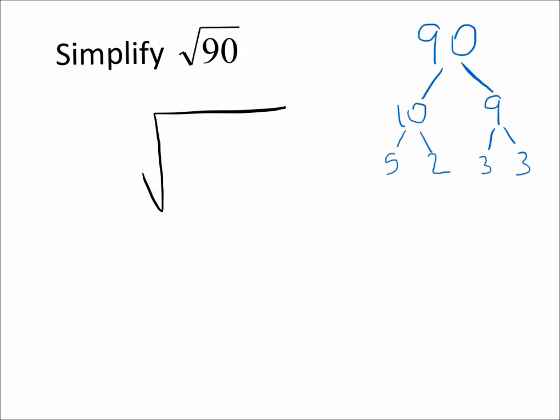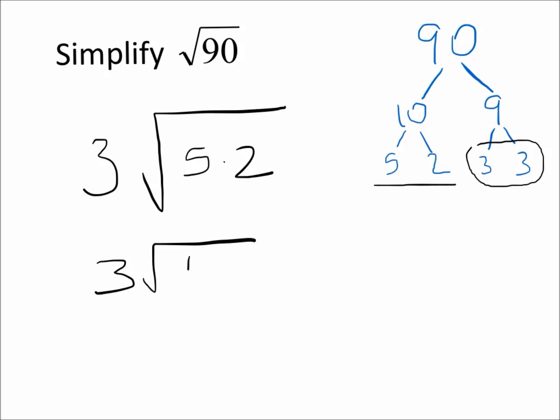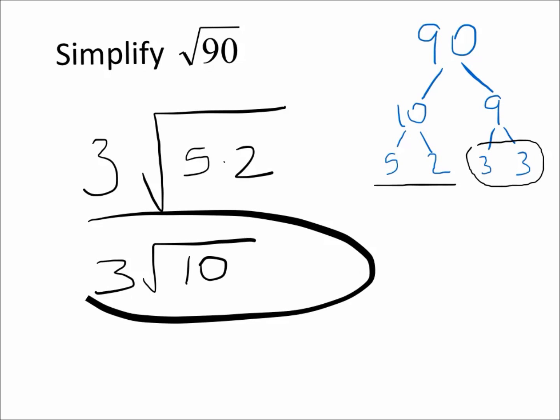Looking for a group of 2, I found these 3's right here. There's a group of 2. So I know I can pull a 3 to the outside. There are no other groups of 2's. Here are the leftovers, a 5 and a 2, and we're always multiplying them here. So we're left with 3 square root of 10, and that's our final answer.